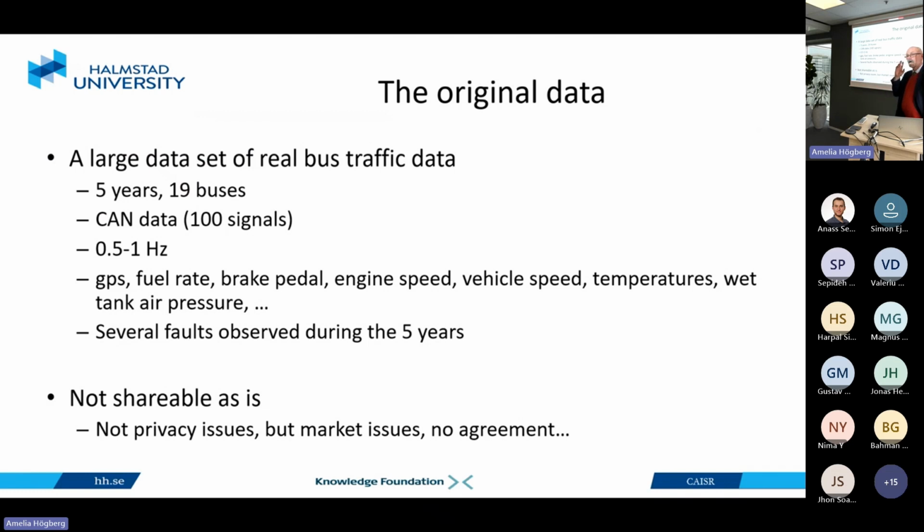But there are market issues, in the sense that the bus company might not want to tell anyone else how often their buses break, not to speak of the bus manufacturer that might not want anyone to know how often the buses break, and how many spare buses they need to be able to run their operation and things like that. So if you just share the data straight off, you can get quite a lot of information about the operation of a bus, which might not be so good to share.